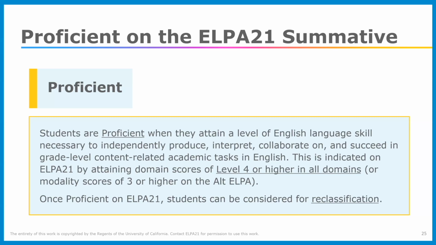Level 4 is grade level in listening, reading, speaking, and writing. A student who is proficient will have scores of 4 or higher in all of their tested, that is non-exempt, domains. So when ELPA21 calls a student proficient, we mean that the student has attained and can demonstrate the use of grade level English.